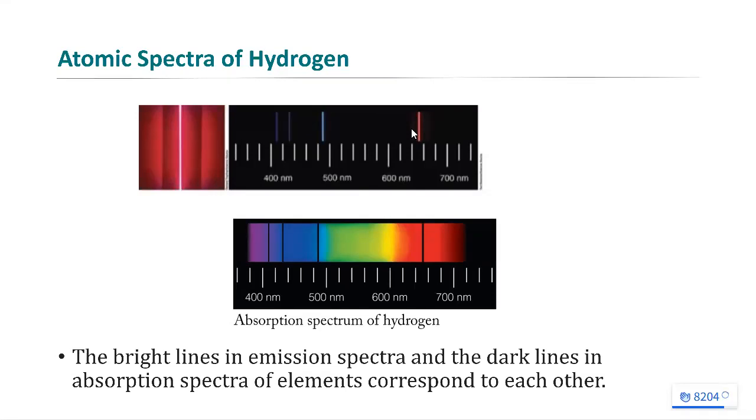And what was even more interesting is that when you put those two spectra right on top of each other, places where you had those bright lines matched up with the exact same wavelengths of where the dark lines were in the other spectrum. Point by point.